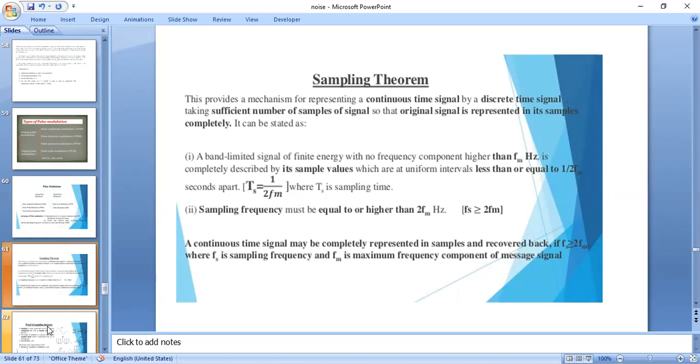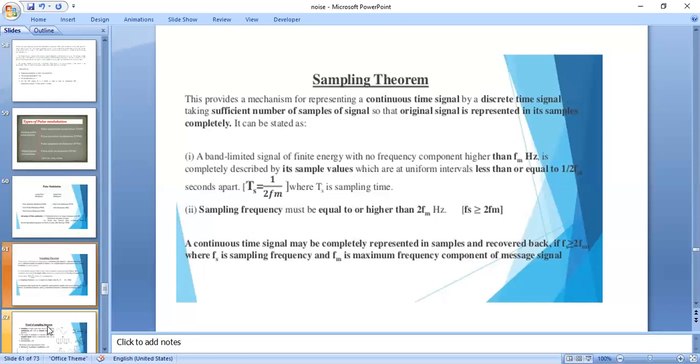So the sampling theorem is nothing but representing a continuous time signal as a discrete time signal by taking a sufficient number of samples, and by using these samples you should be able to reconstruct the original signal completely.